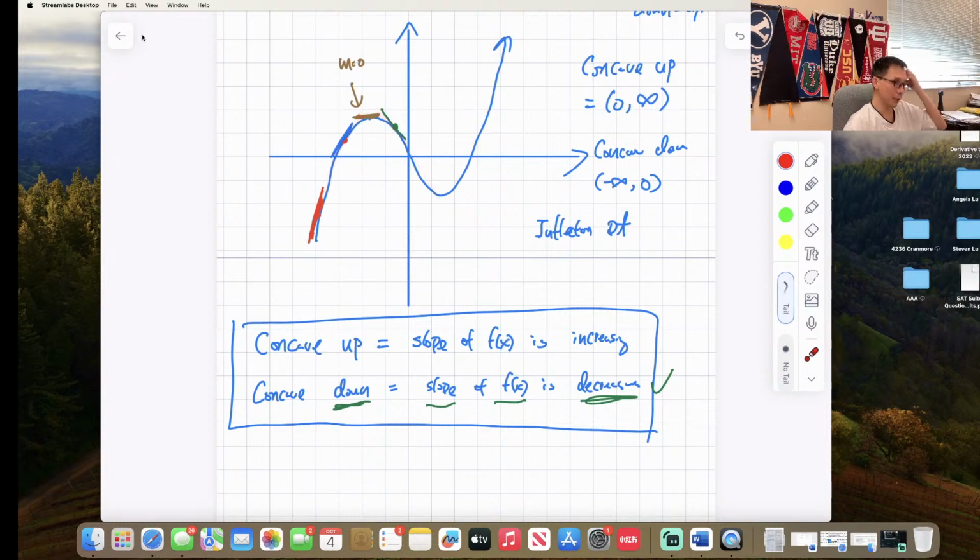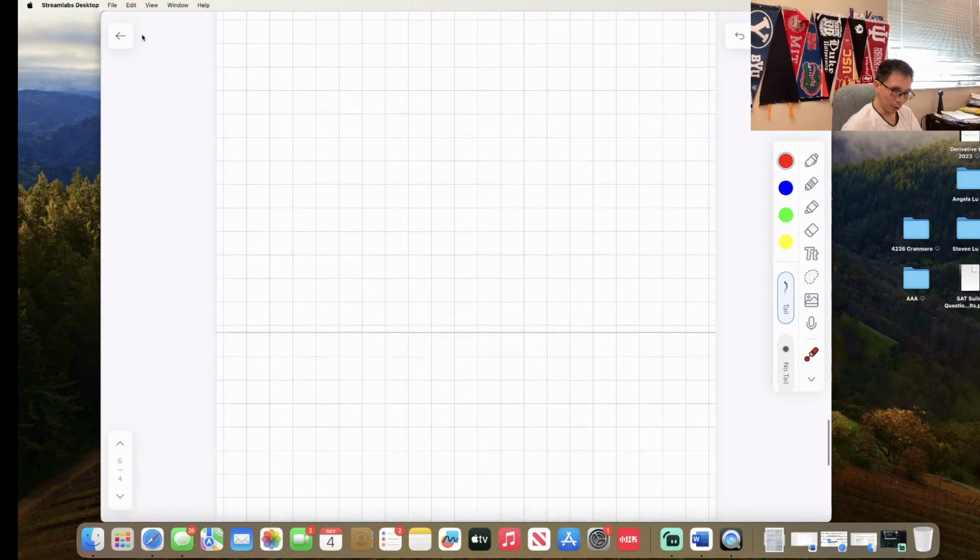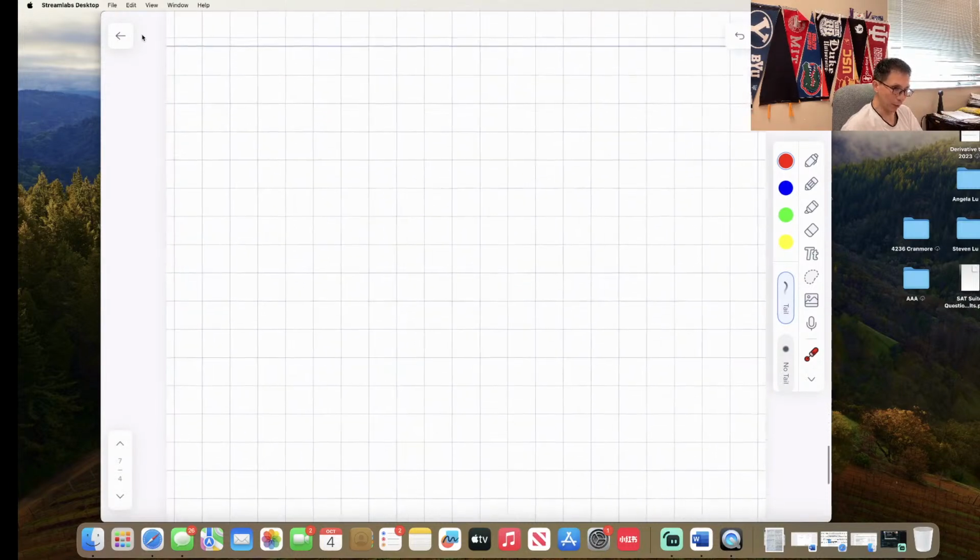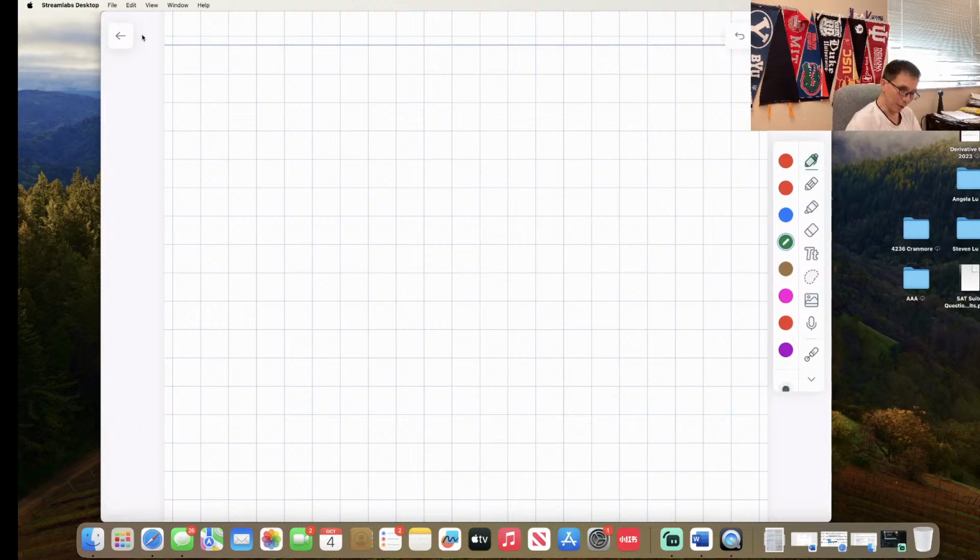Now, I can ask you differently. So I'm going to just give you a graph and ask you which region is which. So in terms of this graph, I'm probably going to give you something like this.